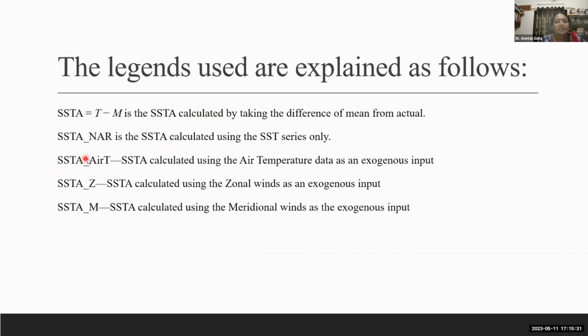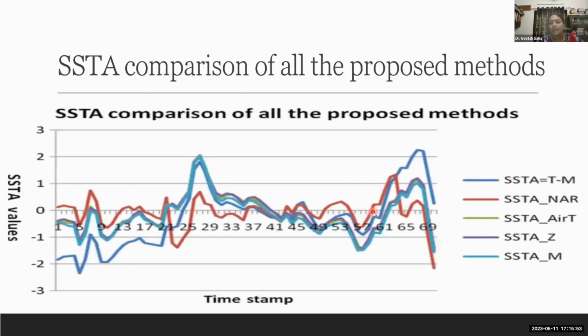Next, I have SSTA air temperature. That means I have calculated SSTA using the air temperature data time series as an additional or exogenous input. Similarly, SSTA Z for zonal winds supportive as an exogenous input, and M for meridional winds supportive as the exogenous input. And these are my results.